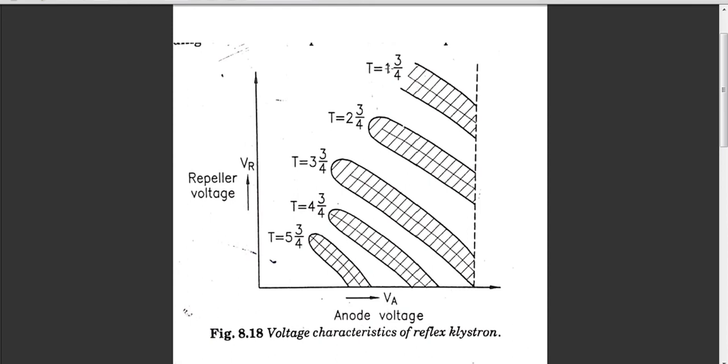If I put n equals 1, then the optimum transit time is T equals n plus 3/4, and that will be T equals 1 3/4. When I put n equals 2, the optimum transit time will be this, and likewise for 3 and 4.